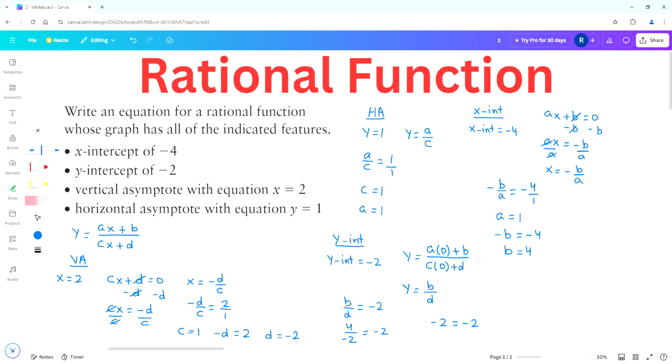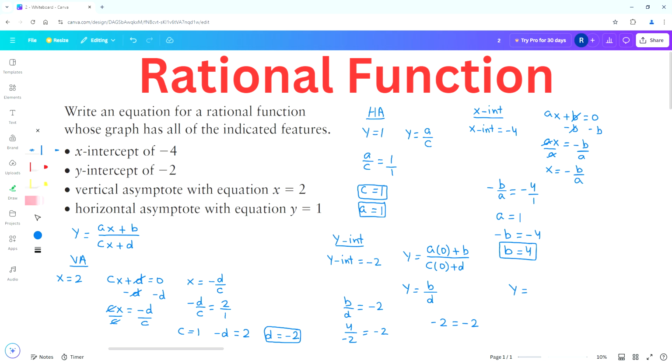Therefore, a is equal to 1, b is equal to 4, c is equal to 1, d is equal to negative 2. Now we can sub in these values to write the equation of the rational function.